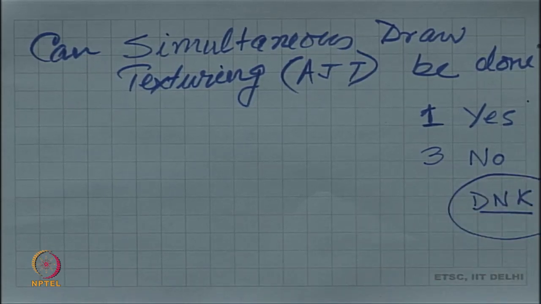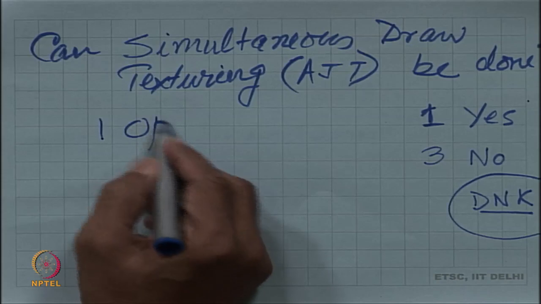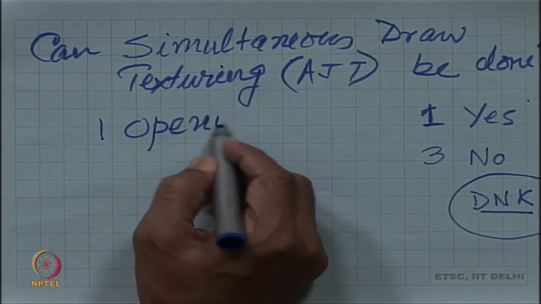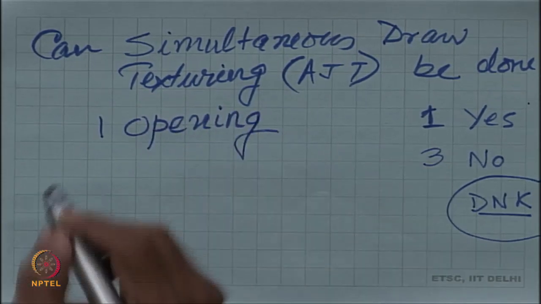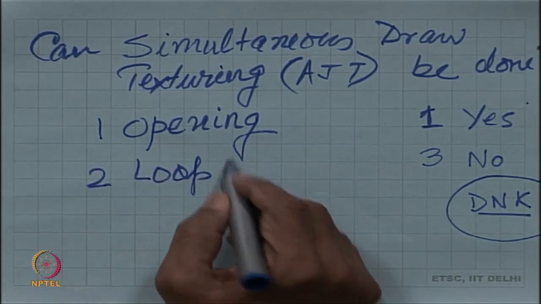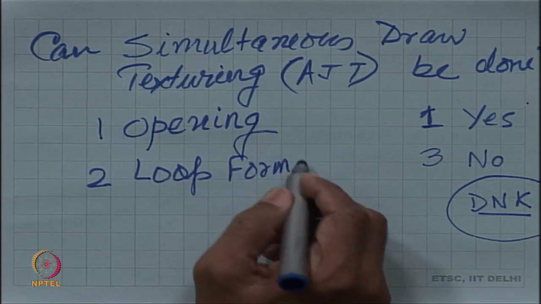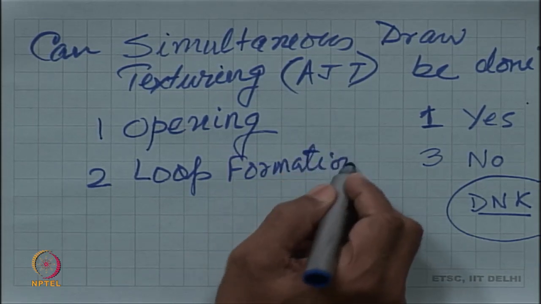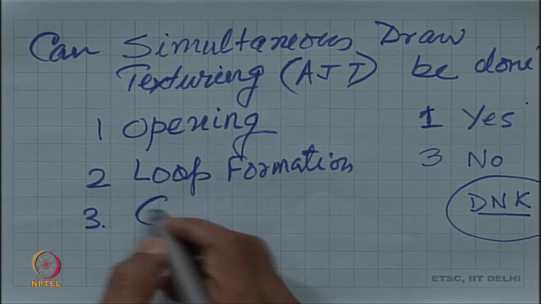All right. Before we answer this question, you should obviously know approximately the basic steps that we had discussed last time for making an air jet textured yarn: opening, then loop formation, and third was entanglement.